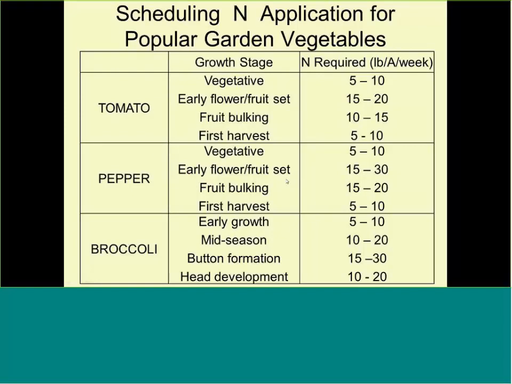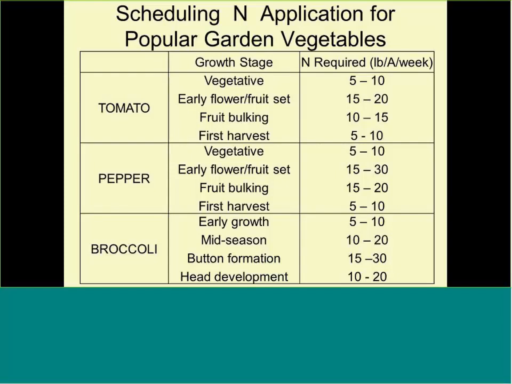Now, if you want to play gardening professionally, play with the big leagues, here is an example of the amount of pounds of N required per acre per week at the various stages. A homeowner: half the amount before planting, the other half split 2 or 3 times.